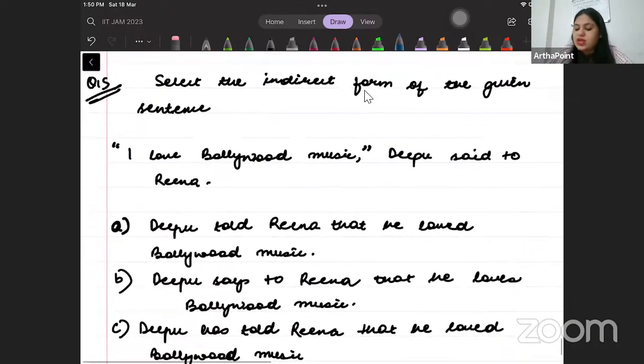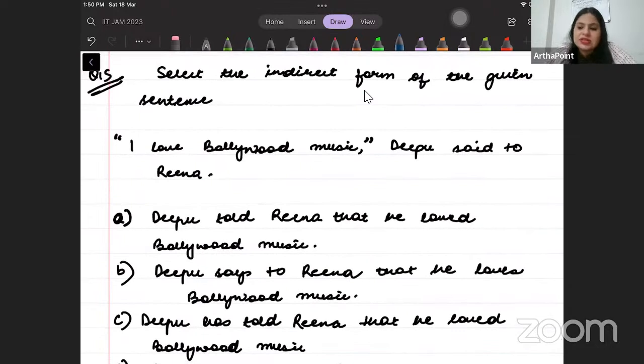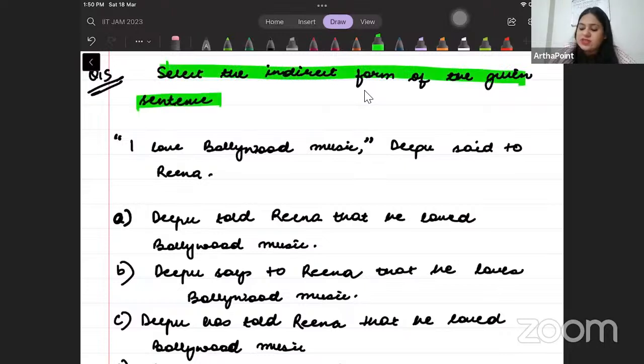Okay. Come to this. This also comes a lot in the exam. You should practice some part of active, passive, direct, indirect forms also. So this is: select the indirect form of the given sentence. I love Bollywood music, Deepu said to Reena. Now you should know an English rule that whenever said to comes, this said to is always converted to told.